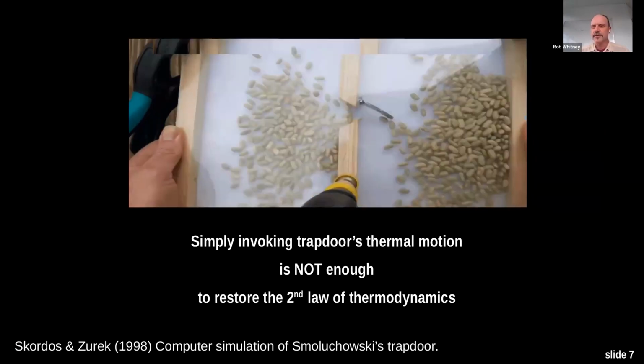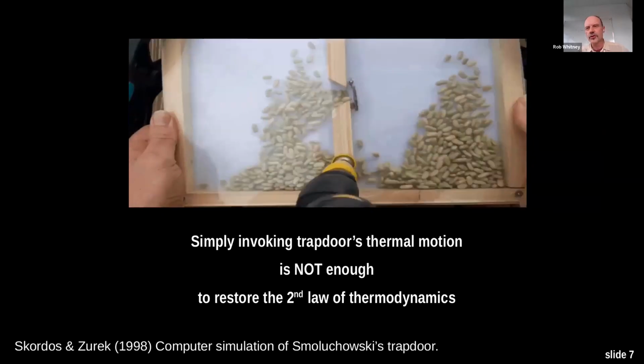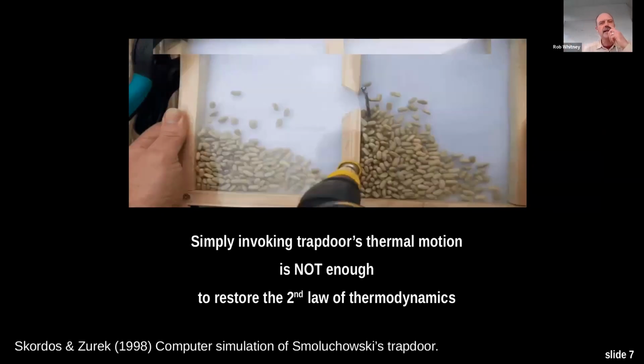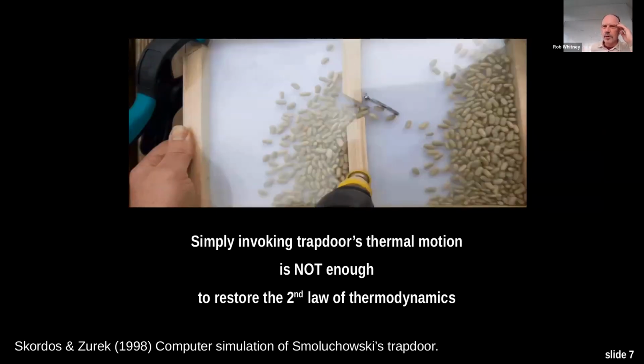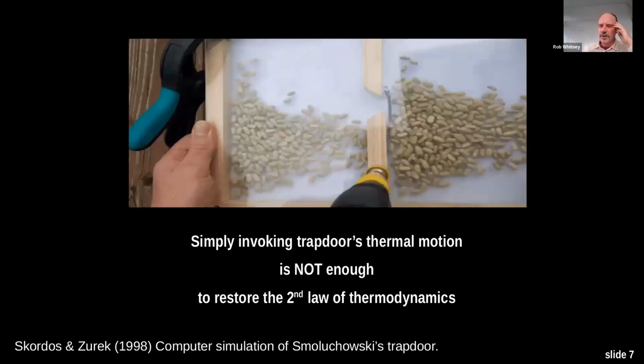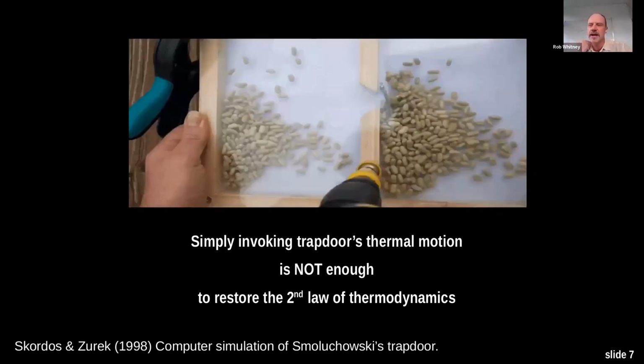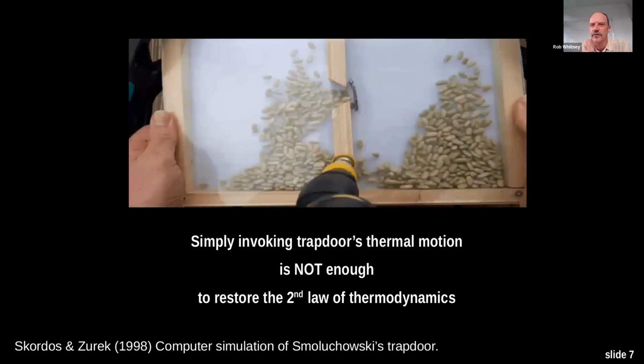And when you play with this thing, quite often you can shake it. So to imitate temperature, you have to shake it like crazy. And quite often when you shake it, you do find that when you start with an equal number of beans on both sides, at the end you get many more beans on one of the sides.